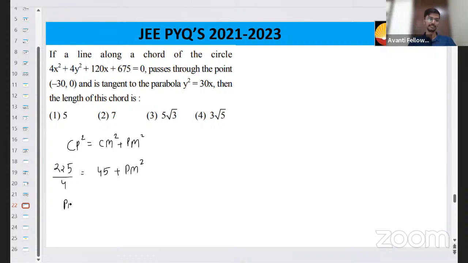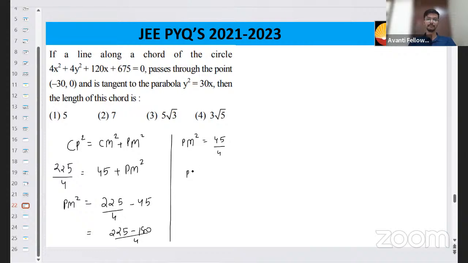So that means PM square will be equal to 225 by 4 minus 45. So 225 minus 180 by 4. So PM square will be equal to 45 by 4. So PM will be equal to root 45 by 2.